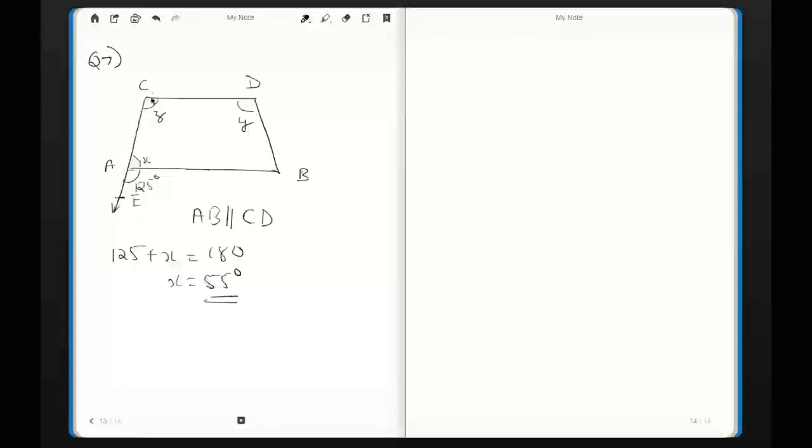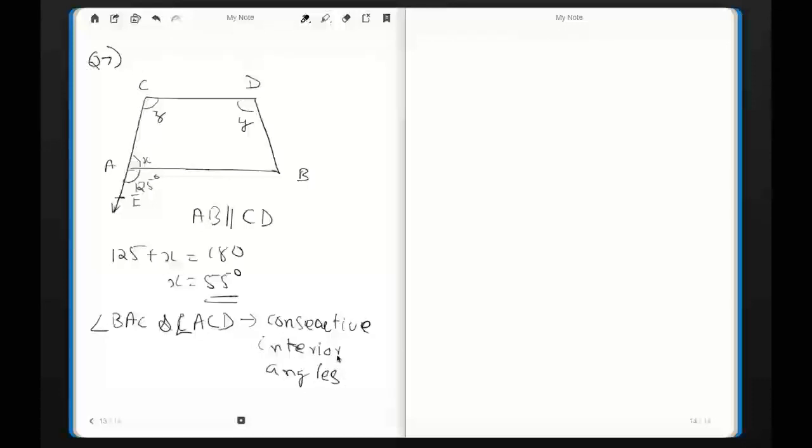Now, let us consider this line CE to be a transversal line intersecting CD and AB. So what can you say about angle BAC and angle ACD? They are consecutive interior angles, aren't they?